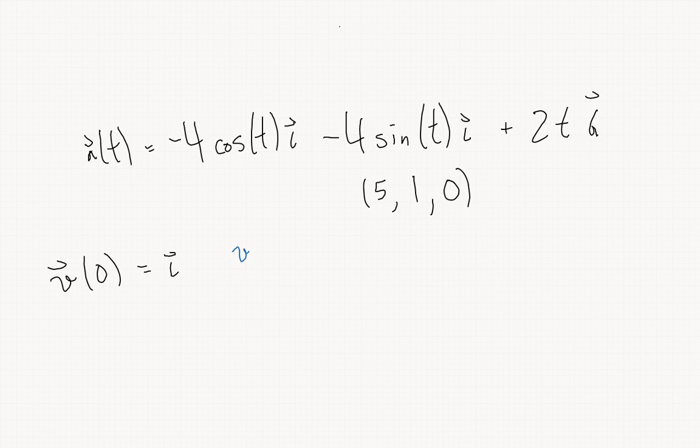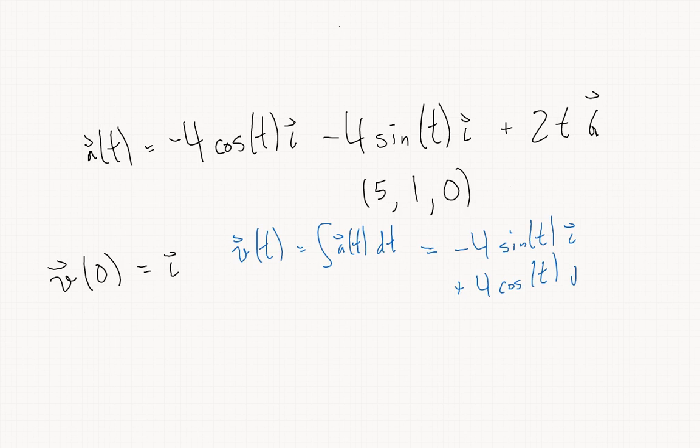So v of t will be the integral of acceleration dt, and that will give negative 4 sine of t i plus 4 cos t j plus t squared k plus a constant vector c.